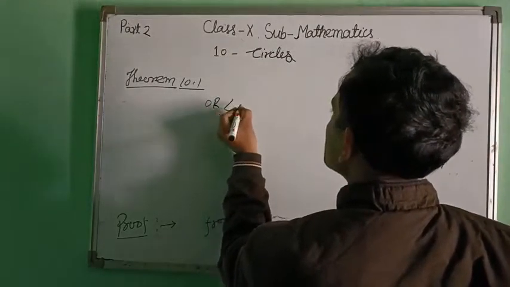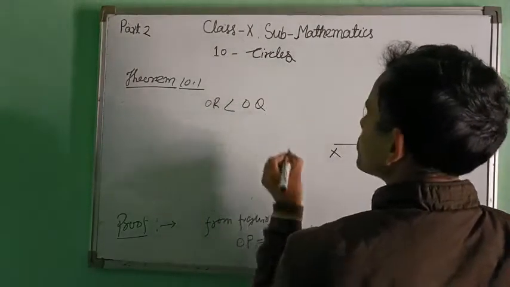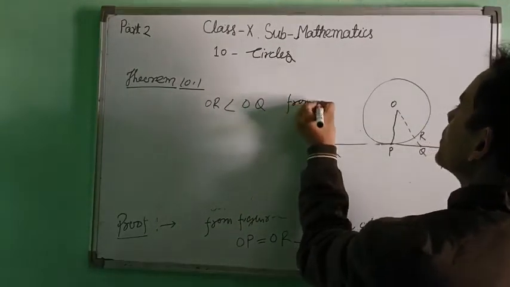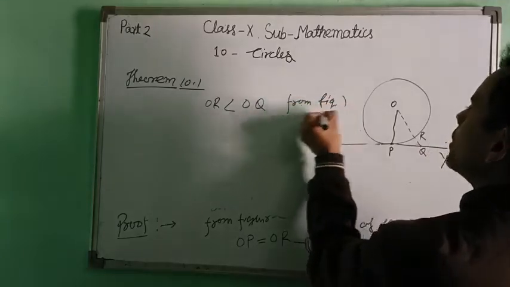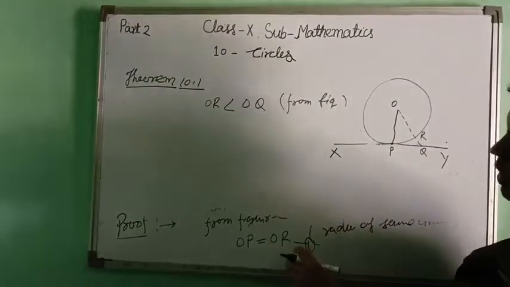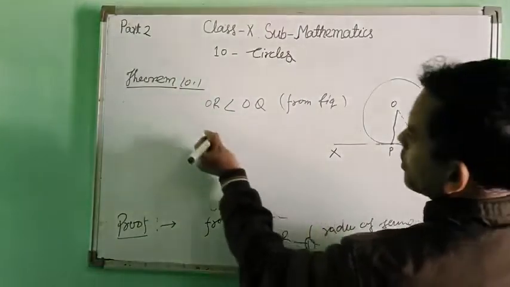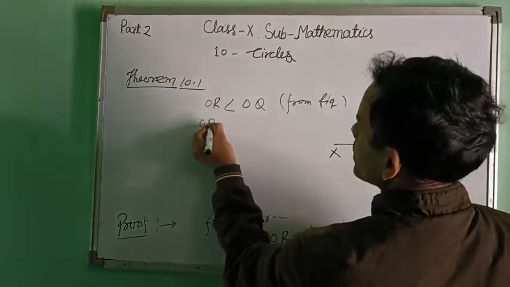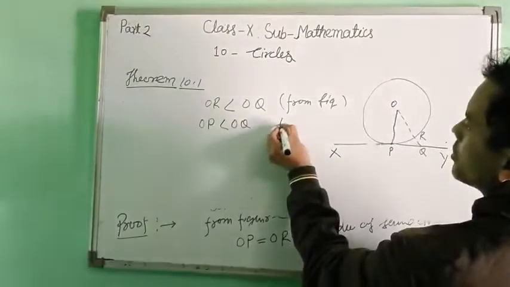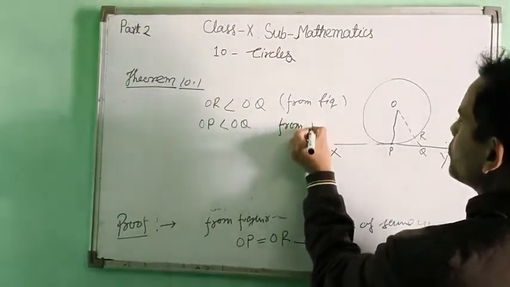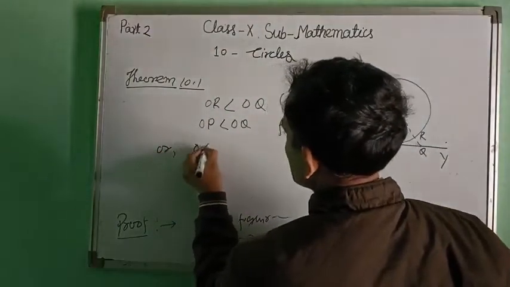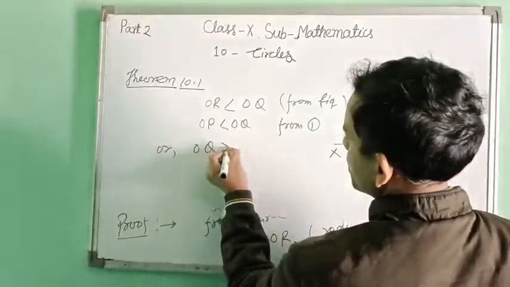So in place of OR, we can also write OP. Okay, so OP is less than OQ, using equation 1. Or we can say that OQ is greater than OP.